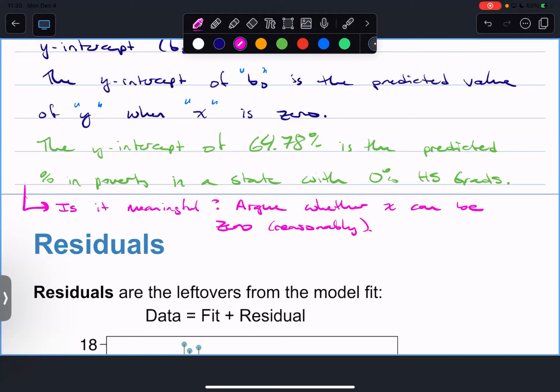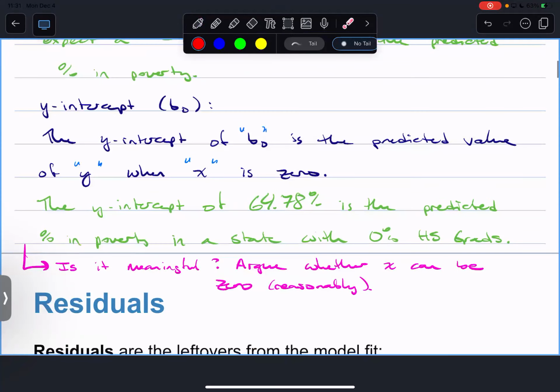If you tell me that, sure, a state could have 0% high school grads, and so to me that's meaningful, fine, that's fine, right? But you have to center it around X being 0, because that's the interpretation of the y-intercept.